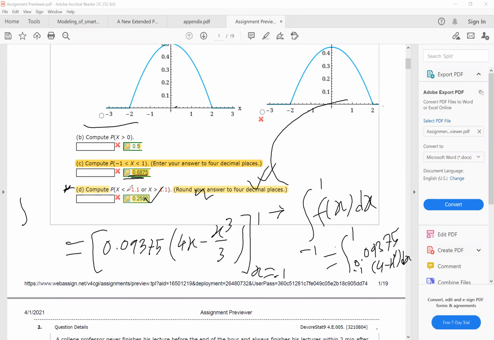For the first part, x less than -1.1, the probability is the integral from -2 to -1.1 of f of x dx, plus for the second part, x greater than 1.1, the integral from 1.1 to 2 of f of x dx. We already integrated f of x here, so you just plug in the numbers -2, -1.1, and simplify. Then you will get the probability of x less than -1.1, and this probability is 0.2582.